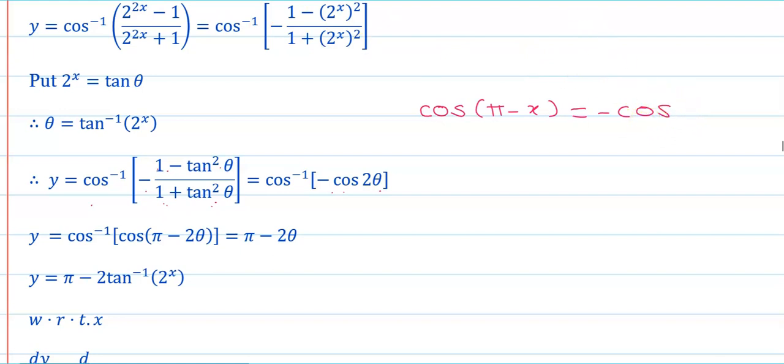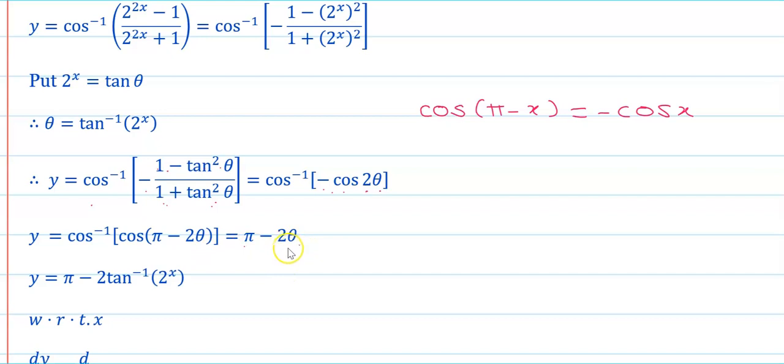Similarly here, we can write cos of minus 2x as cos of pi minus 2x. Cos inverse of cos of pi minus 2 theta is pi minus 2 theta.